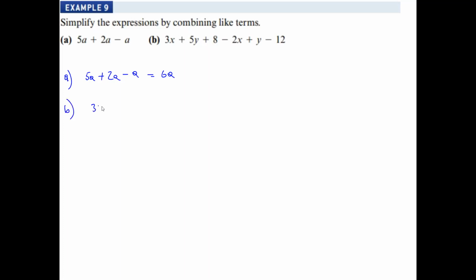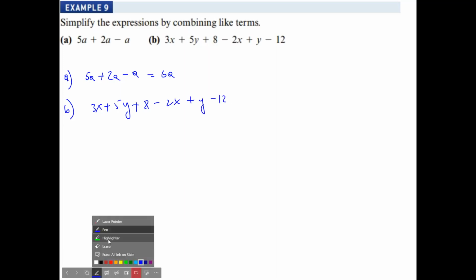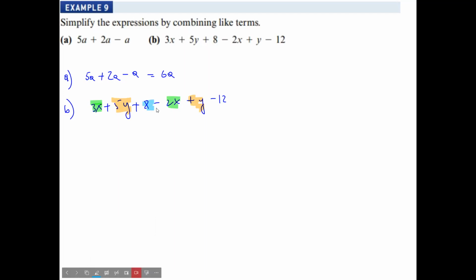Okay, this one, 3x plus 5y plus 8 minus 2x plus y minus 12. Here we have 3 different types of terms. We have terms with x. We have terms with y. And we have terms with constants, right?